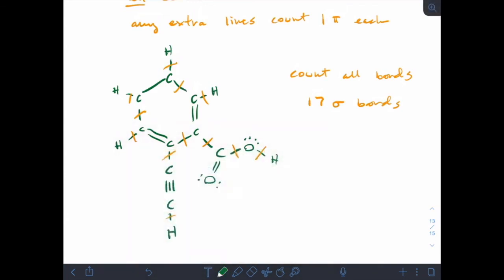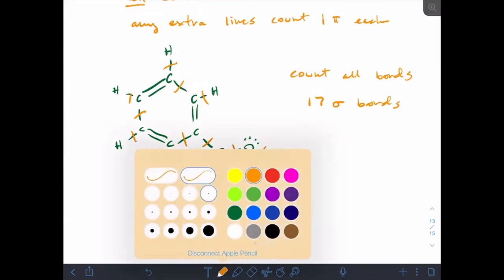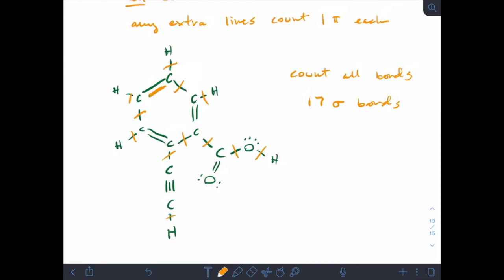So we have 1, 2, 3, 4, 5, 6 extra bonds. So that means that I have 6 pi bonds.